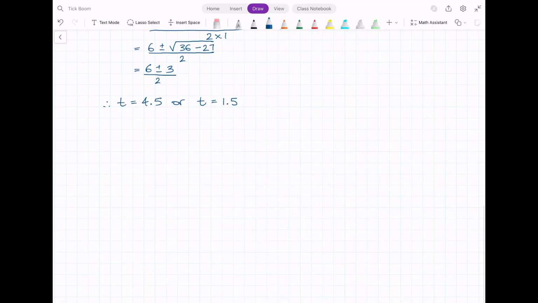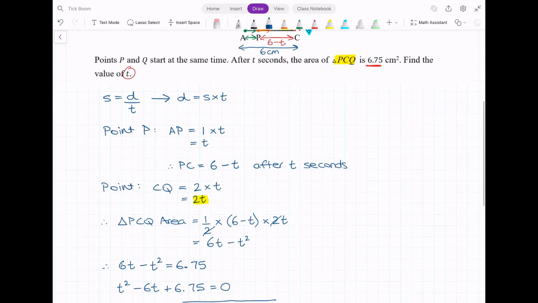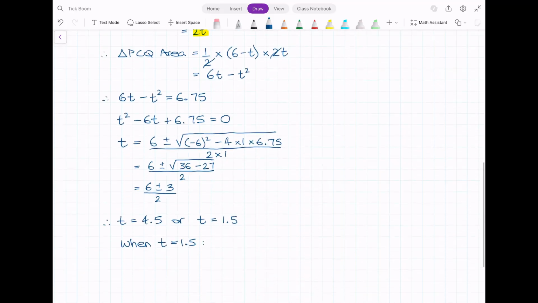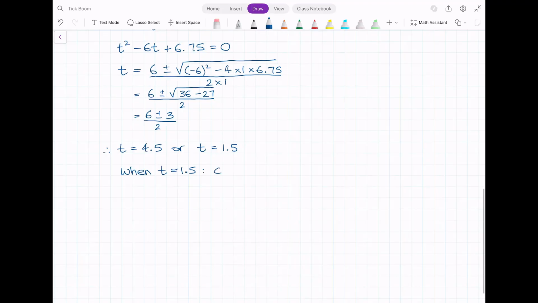So we can say when t is equal to 1.5, I'll start with the smaller one, the side length CQ will equal 2 times 1.5, which equals 3 centimetres, and that is less than 8 centimetres, so that's valid.